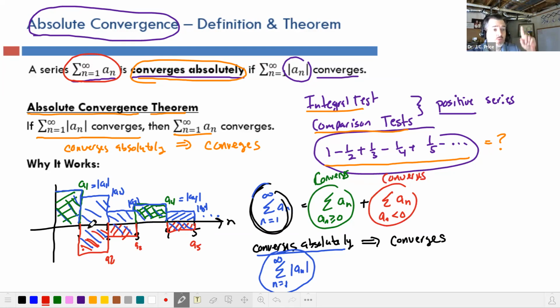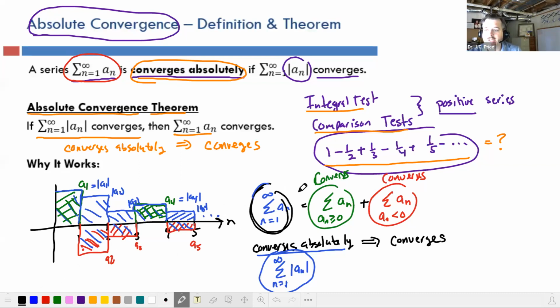The red areas are negative, whereas the blue areas above them are positive. It has to converge because the whole blue area converges. Even though the red areas are negative, it's just adding a bunch of negative numbers, and they're going to converge to the same number as the blue areas above, just a negative number.